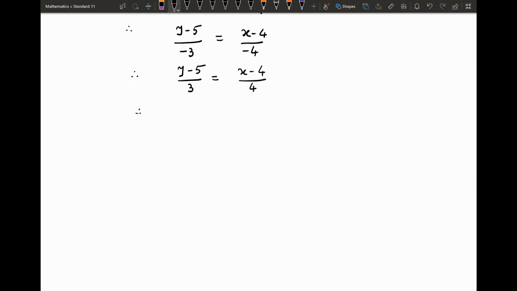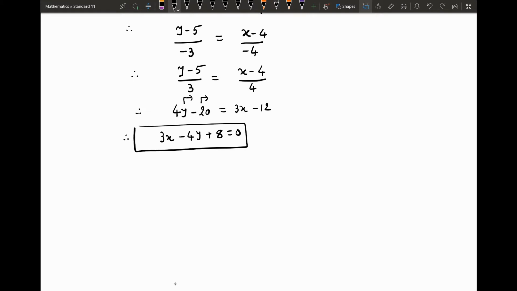Taking cross multiplication, 4y minus 20 equal to 3x minus 12. Further simplification will give, transferring this term, 3x minus 4y plus 20 minus 12, 8, equal to 0. So 3x minus 4y plus 8 equal to 0. This is the required equation.